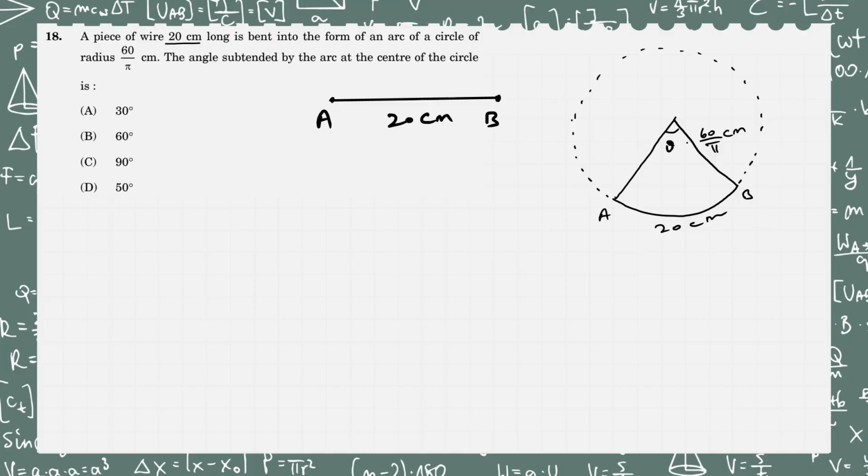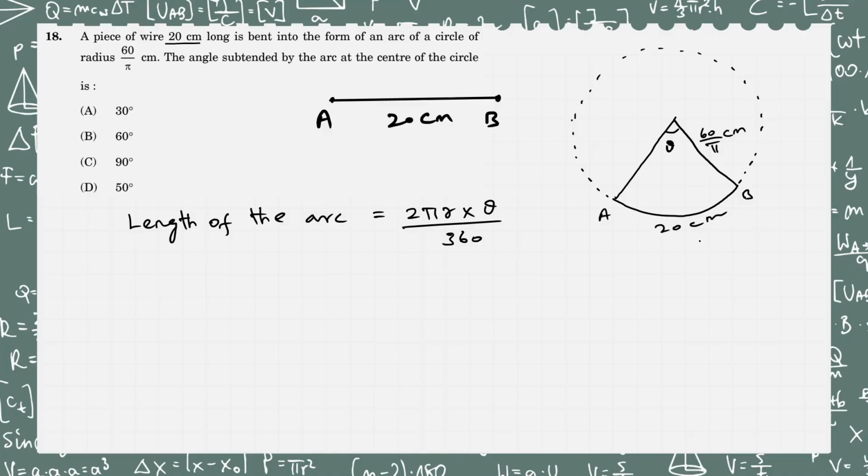And the radius of the circle so formed is given to be 60 by pi centimeters. Now we need to find what is this angle, right? So we can use the length of the arc formula. So we know length of the arc equal to 2 pi r into theta divided by 360.